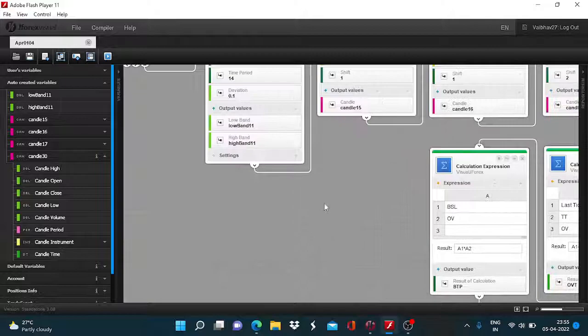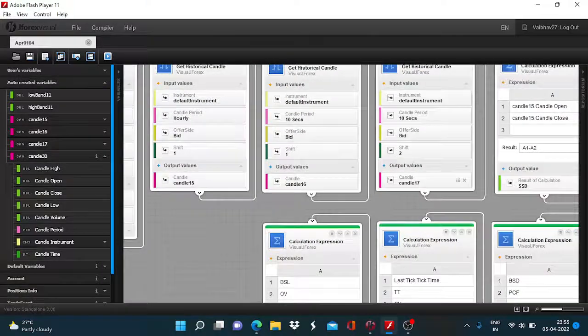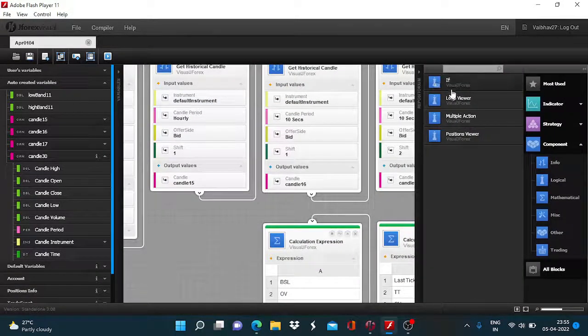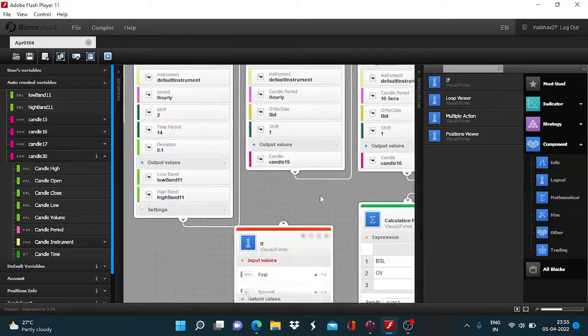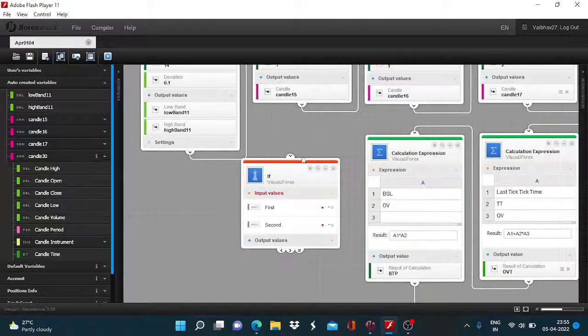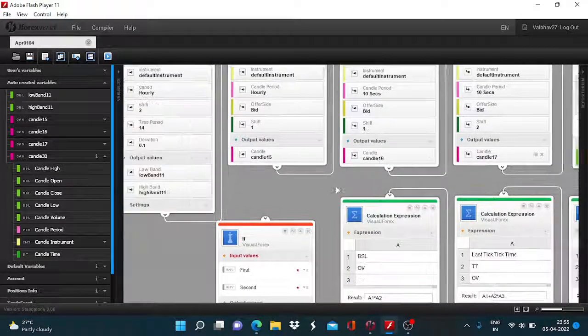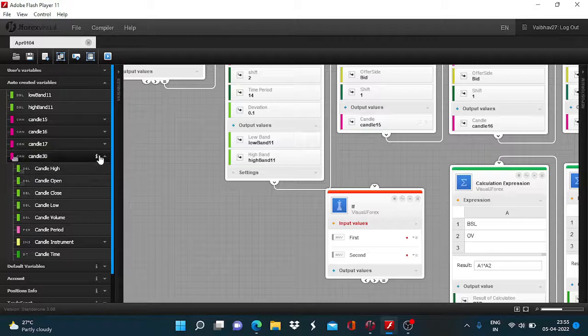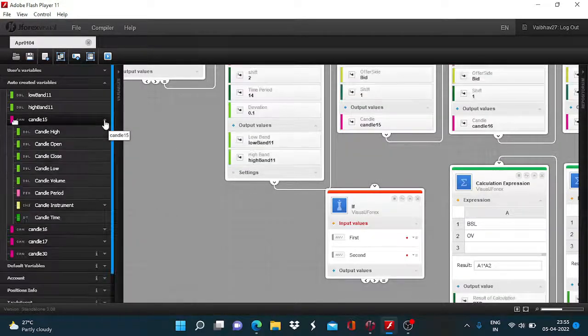And along with this we also have to consider the comparison of last hour's closing and opening values, and the closing value needs to be higher, so that condition also needs to be defined. So I will consider candle 15 candle close and candle 15 candle open values.